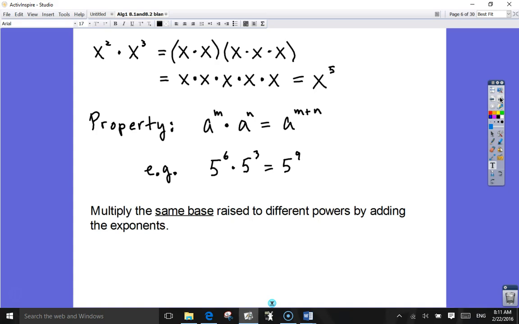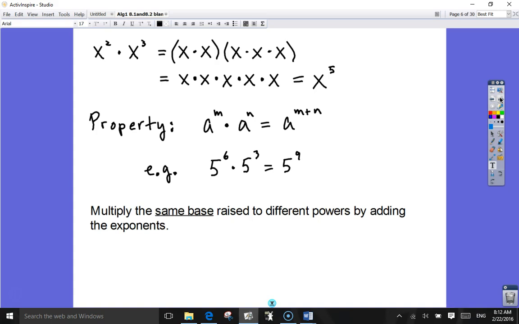And you can see why that works that way. Because in the end, we're just saying whatever is the exponent, that's how many x's you get out of that one. When you write them all in a row, you're just adding it up. So this is the property that you copied. A to the m times a to the n, which is important that it's a. It's got to be the same thing.